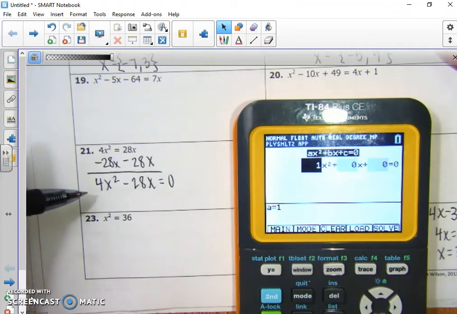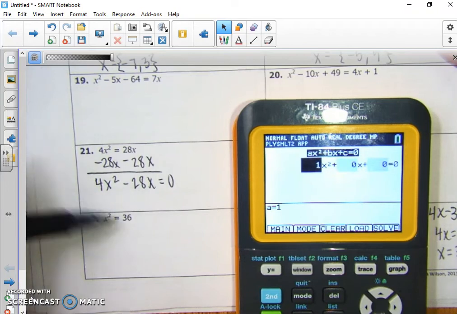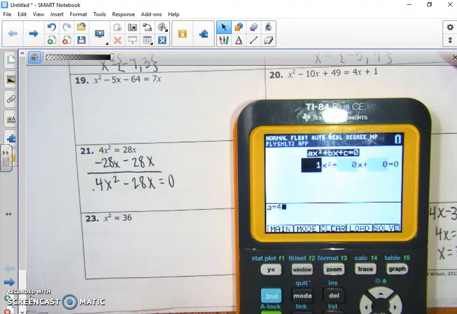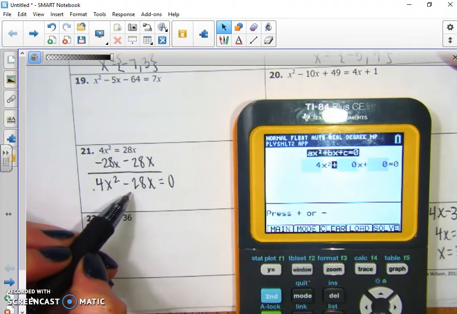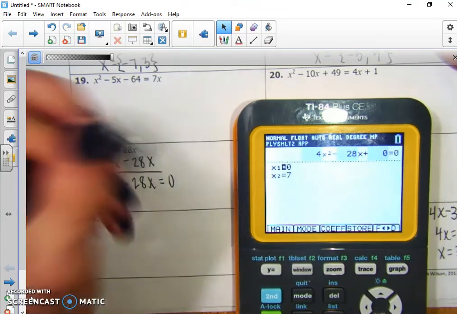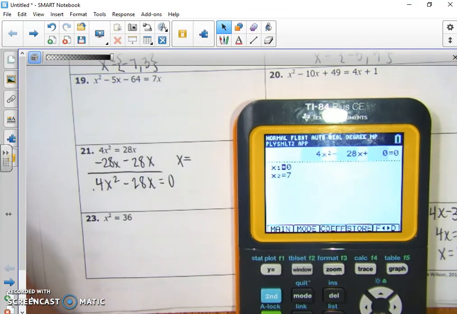Think about, do we know A, B, and C? Do we just know A and B, just A and C? Well, we know A, that's 4, so 4x squared minus 28x. So that's our B. We don't have a C, so we just leave it as plus 0. Okay, our solutions are as follows, 0 and 7.